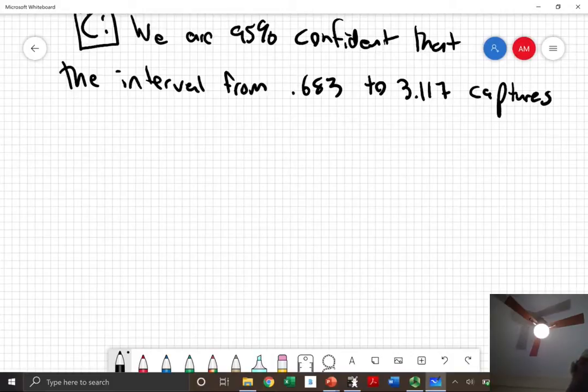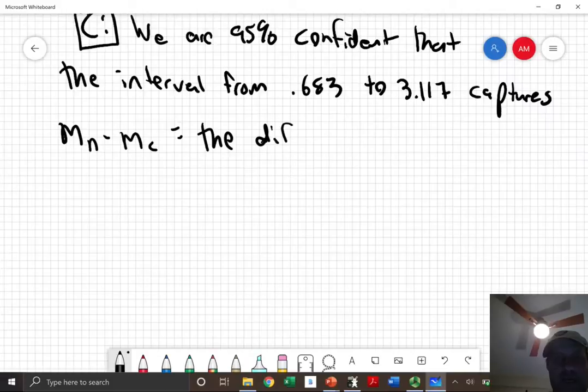So we're going to say right here, the mean of the new minus the mean of the C, which equals the difference. That was a difference, right?